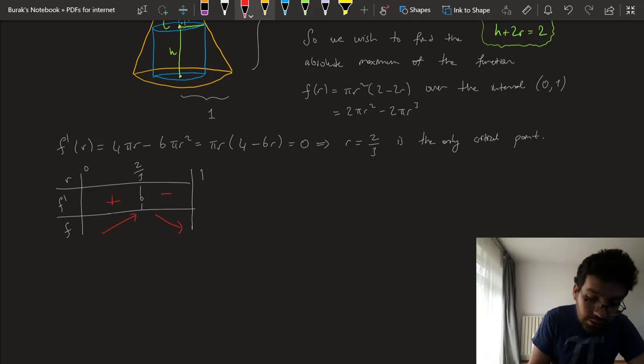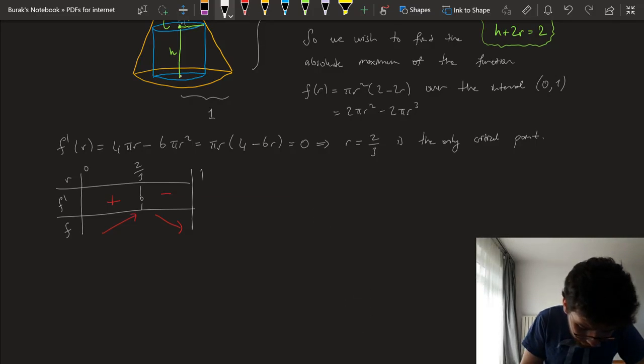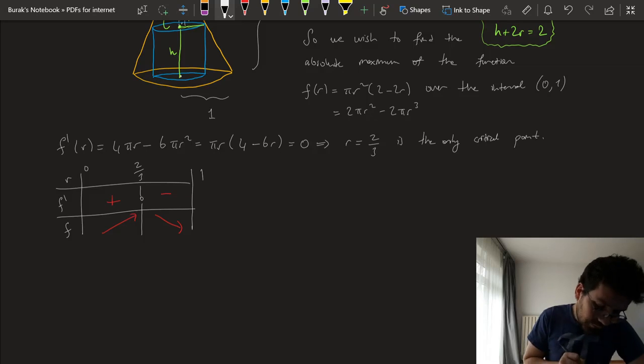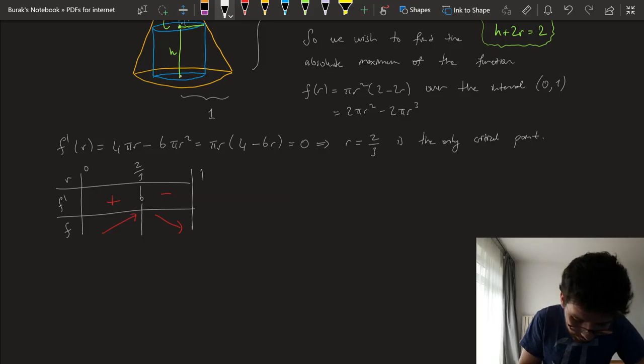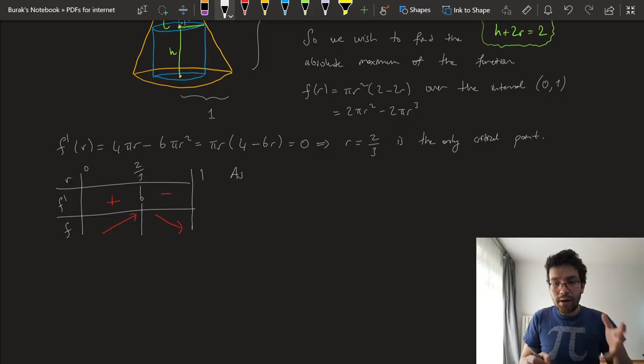So I see a local max here, but it's not only just a local max, it's also the absolute max. Why? Well, we've argued this before, but let me argue this again. Remember how we optimize functions on open intervals towards the end of section 4.4, we did such examples.